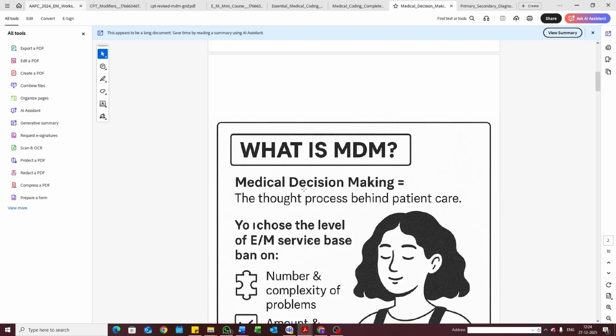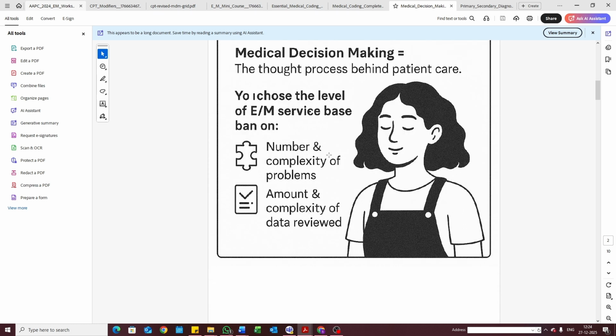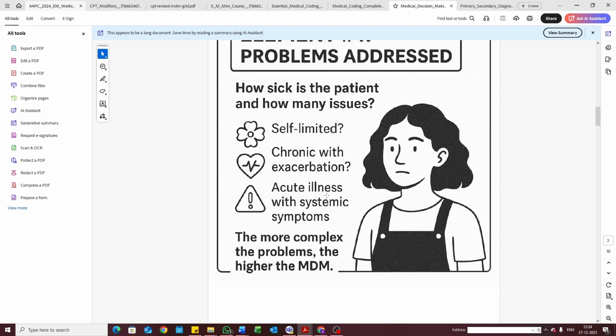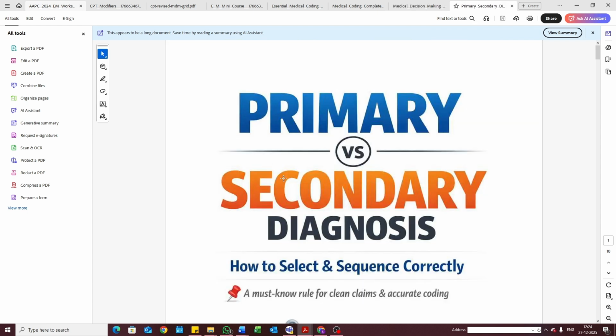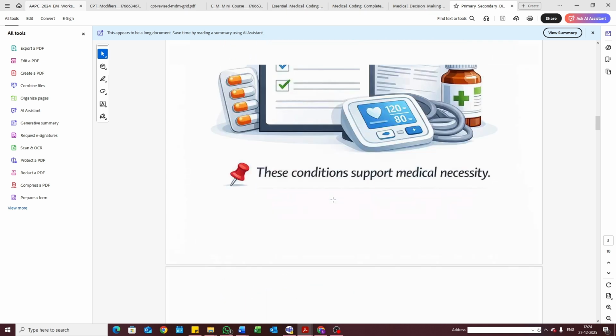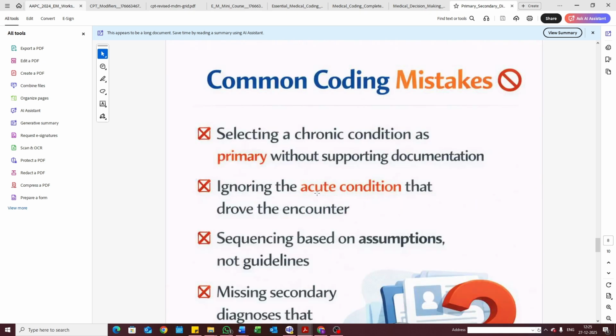What is MDM? Medical decision making: number and complexity of problems, amount of data to be reviewed. I will share this. We'll see it in the next videos. And what is the primary versus secondary diagnosis, and how to select and sequence correctly. This is our course content.